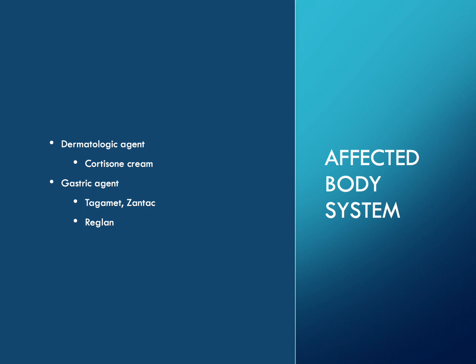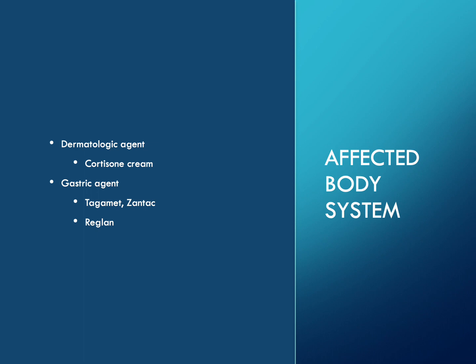I already mentioned that cardiovascular agents affect the heart and circulatory system. So what about dermatologic agents? Remember, dermato means skin, logy means the science or study of, and ic means pertaining to. So dermatologic means pertaining to the science or the study of the skin.